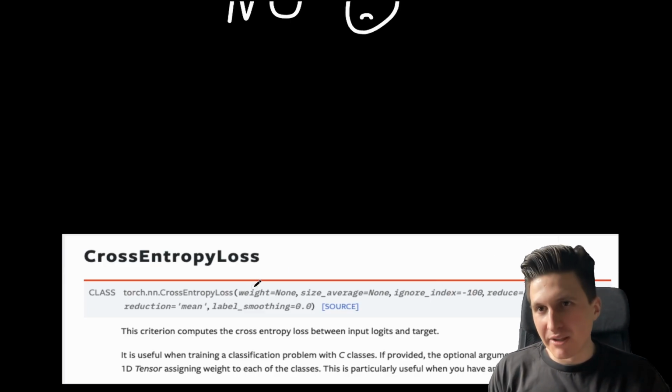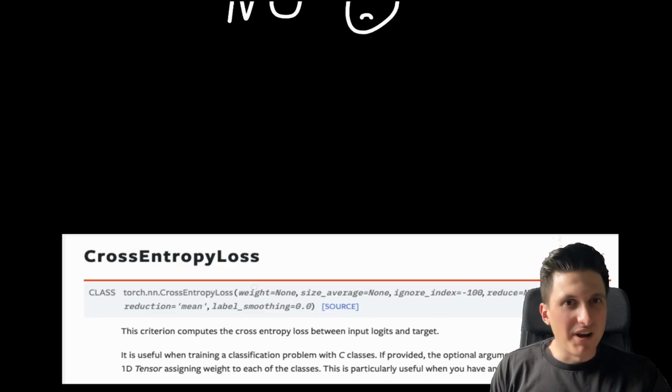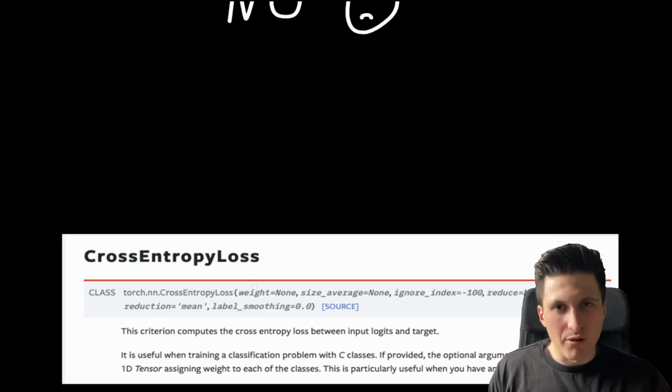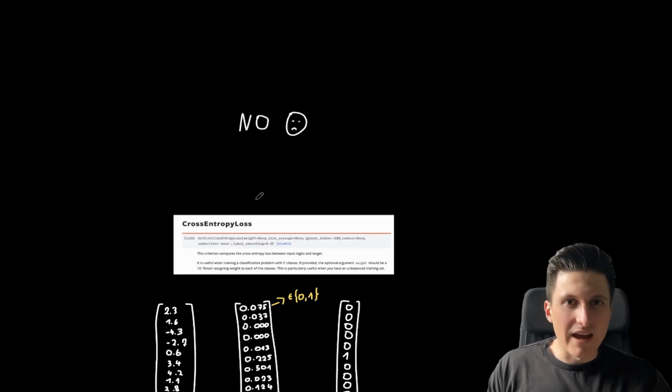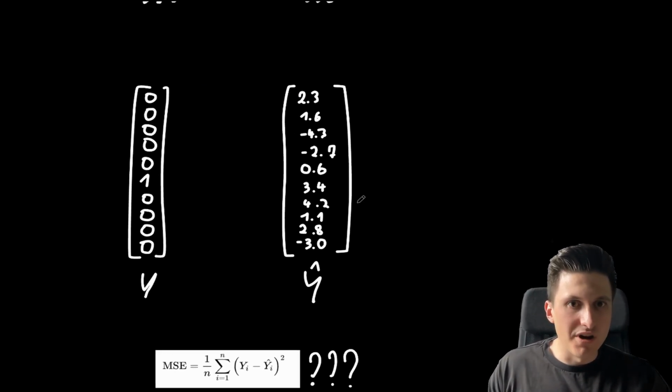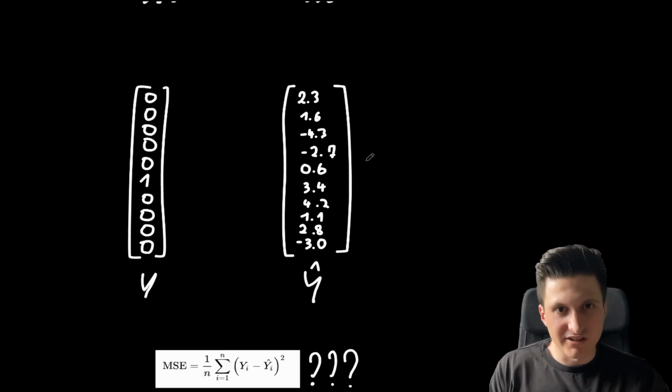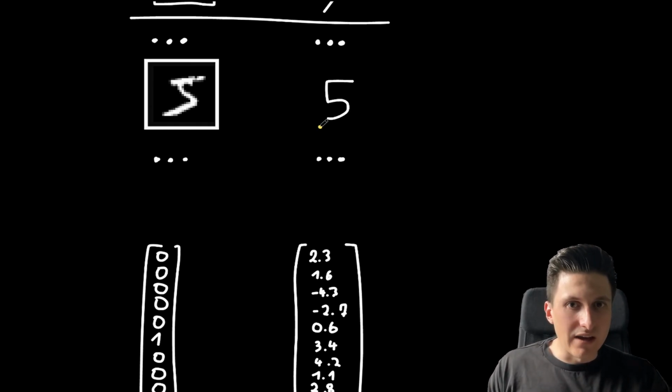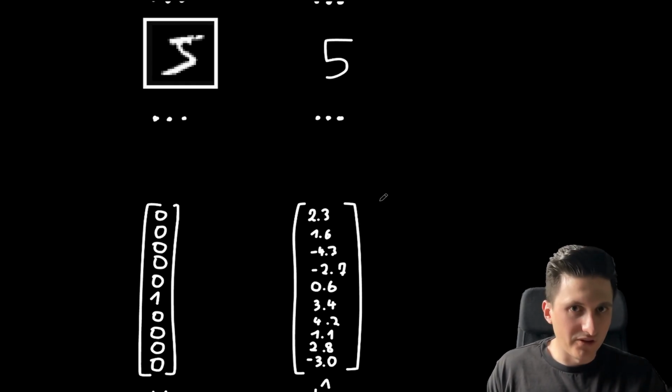There's probably a mathematical reason for this, but I think people just found out in practice that the mean squared error doesn't work that well with a multi-class classification task, because what we are doing right here is a multi-class classification task, as for each input, only a single class is true. So it's clearly not a regression task, but a multi-class classification task, as I said.